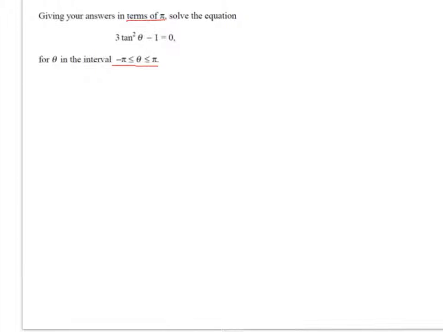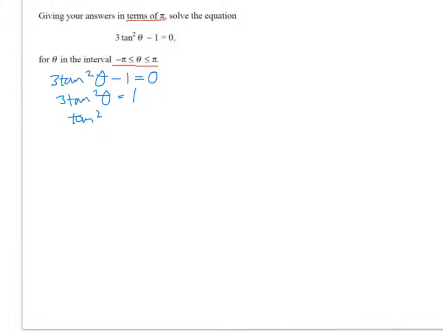So first thing we're going to do is rearrange 3 tan squared theta minus 1 equals 0 so we can find a value for theta. Let's have a look. So 3 tan squared theta equals 1.